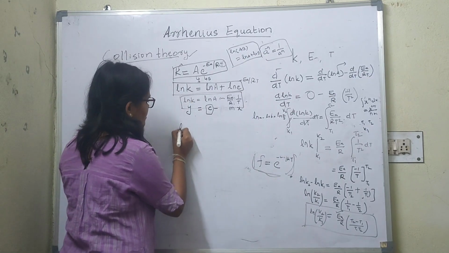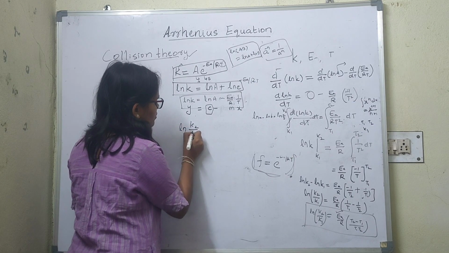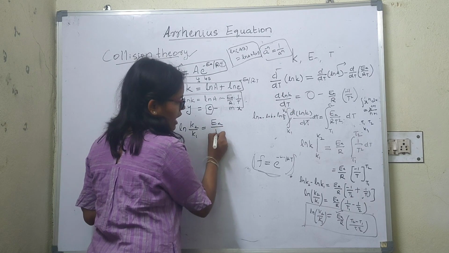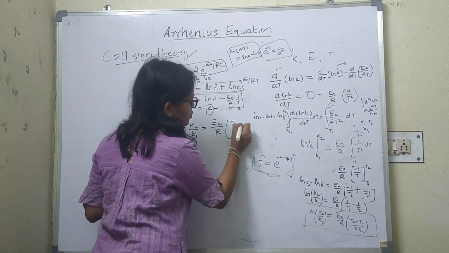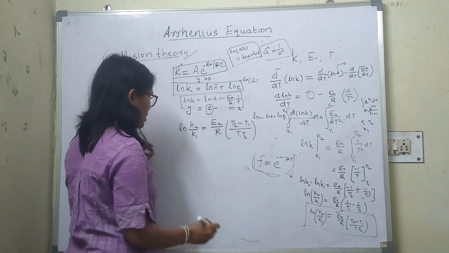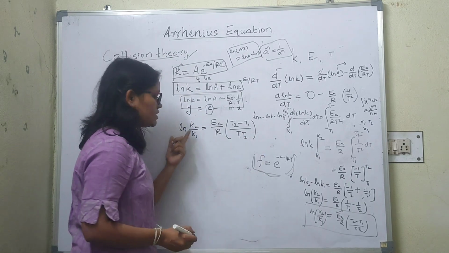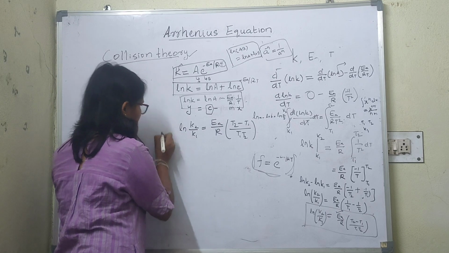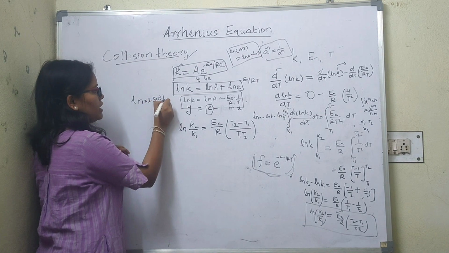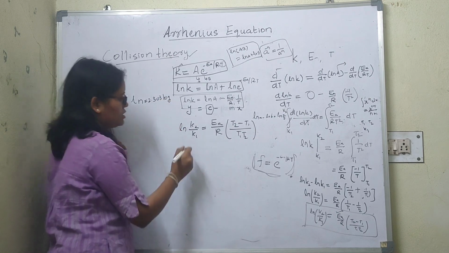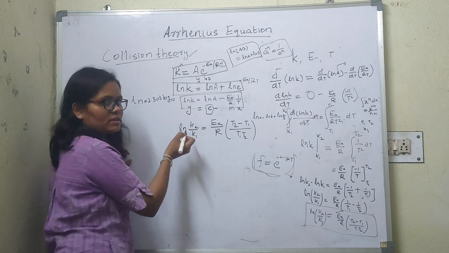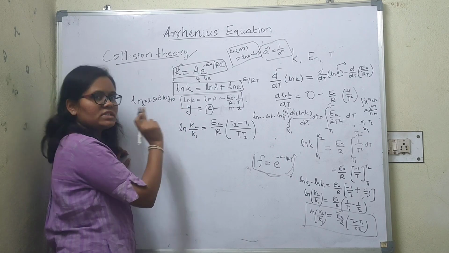So the third form you have is ln k2 by k1 is equal to EA over R into t2 minus t1 by t1 t2. If you want to write it in the form of log, you know that ln is equal to 2.303 into log. So this is log to the base 10, and ln is to the base e.